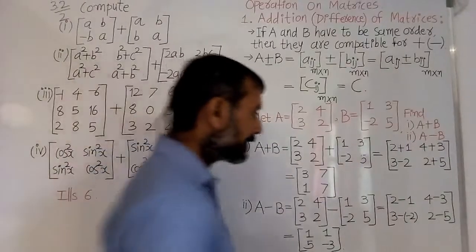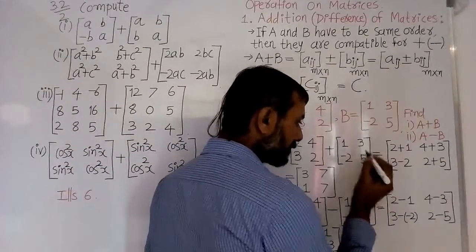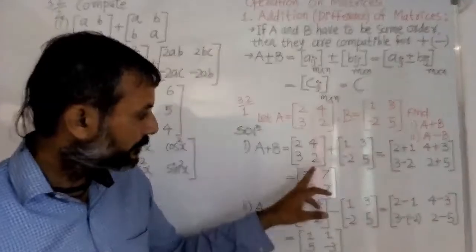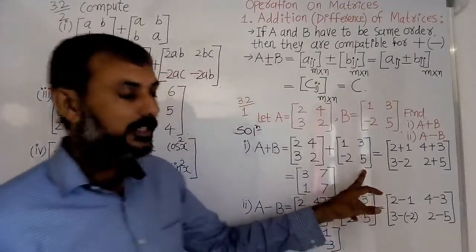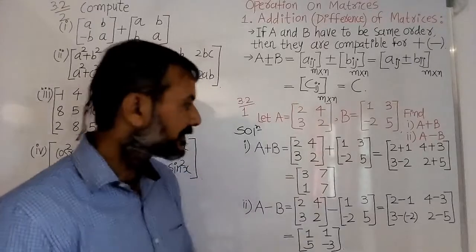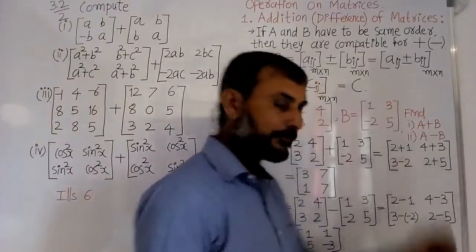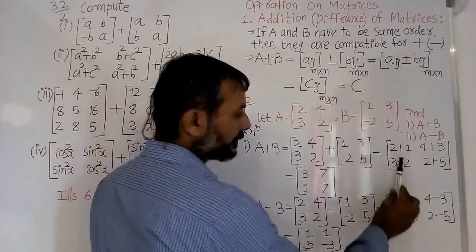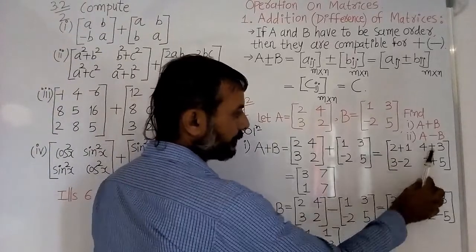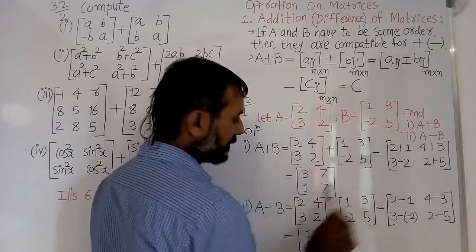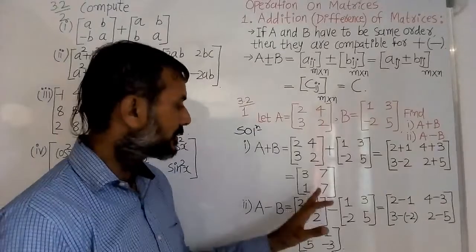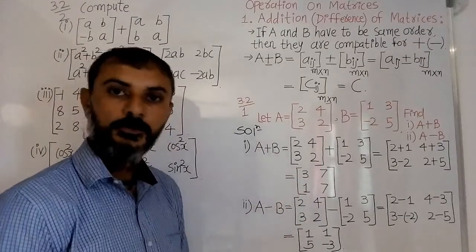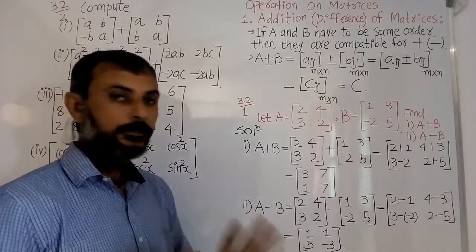This is 2 and this is 5. The position of this 2 is 2 2, the position of this 5 is also 2 2. So they are corresponding. We add them, 2 plus 5. Finally the answer: 2 plus 1 is 3, 4 plus 3 is 7, 3 minus 2 is 1, 2 plus 5 is 7. So this is the answer, and this is called the addition of two matrices. Simple.